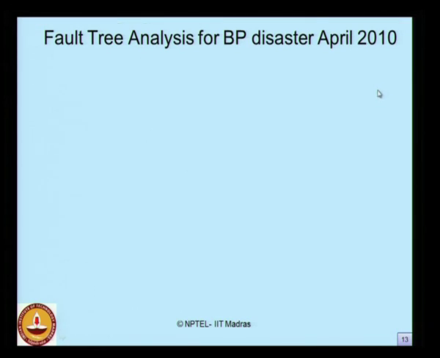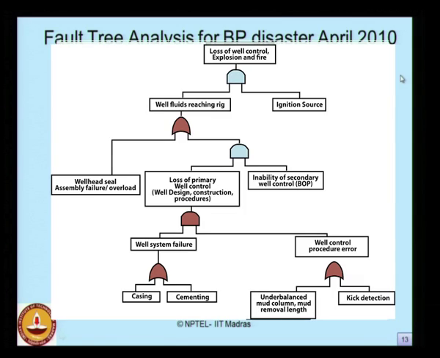Let us quickly do a fault tree analysis for the BP disaster that occurred in April 2010. I am using the same symbols for events and the OR gates, which I discussed in the previous case study. Let us say the topmost event which I am trying to address is loss of well control, which resulted in explosion and fire, what we call the BP disaster.